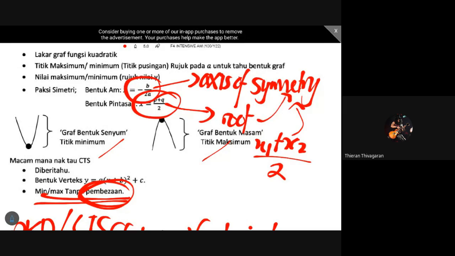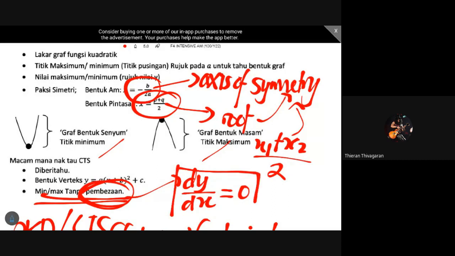Do you guys know this? Kenal tak yang ni? Kamu boleh guna kaedah pembezaan peringkat pertama untuk cari titik minimum dan maksimum kamu. Bila kamu buat anggapan ini, dy bahagi dengan dx sama dengan kosong. You will do this assumption to find the minimum or maximum point.